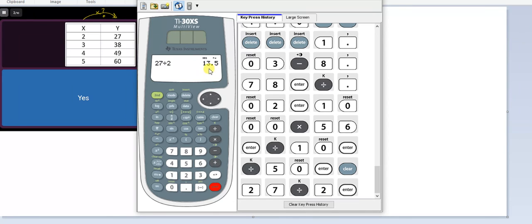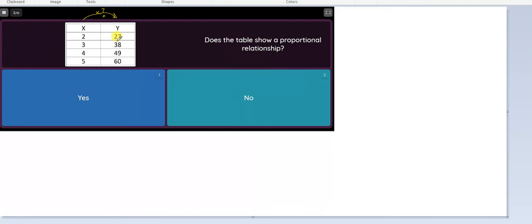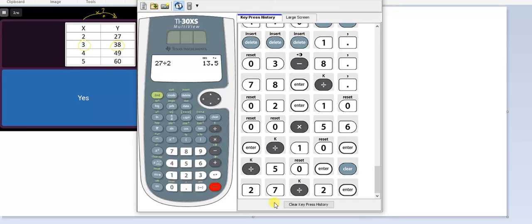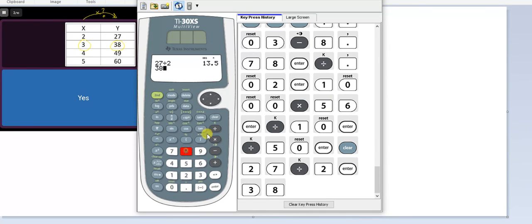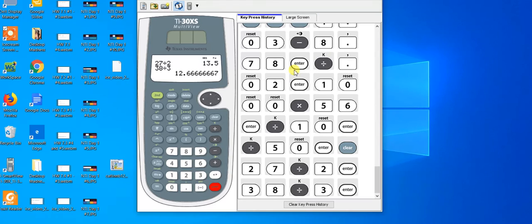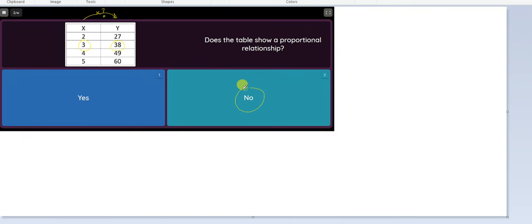And that relationship, they should be multiplied by 13.5. So if we try the next relationship, between the 38 and the 3, and we divide those two numbers, if we do not get the same number, 13.5, we know it's not a proportional relationship. And we don't. So this one is a clear-cut no. Sorry, wrong screen. We went with a no there.